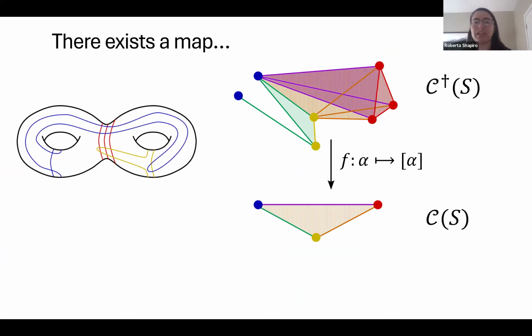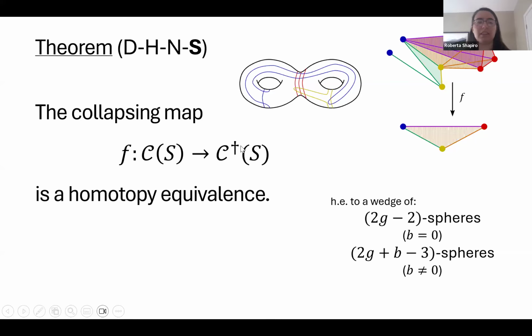And the second hope that we'd have is that this map creates a deeper tie between the fine curve graph and the curve graph. And in fact, it does. This collapsing map is indeed a homotopy equivalence, and so that allows us to have a result. Now, I want to make it clear, I do not believe that this map is a deformation retraction. I think it is just a homotopy equivalence, but that is not a proof. That is like a conjecture.